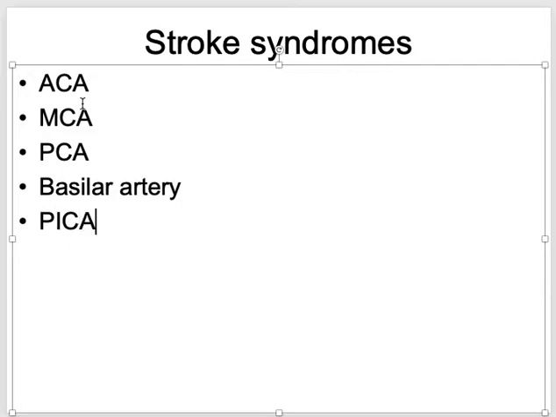One thing is called PICA. What is PICA? Posterior inferior cerebellar artery. There are other names for the stroke caused by this one.